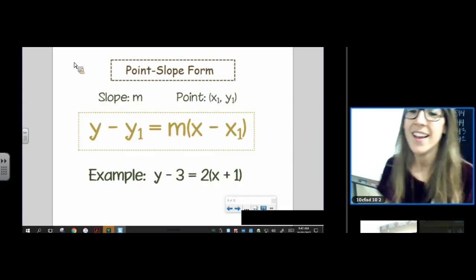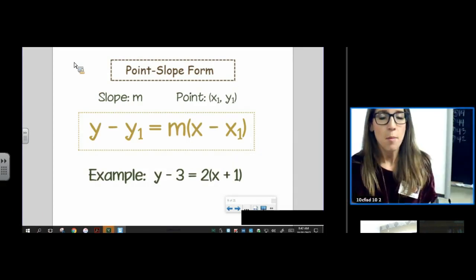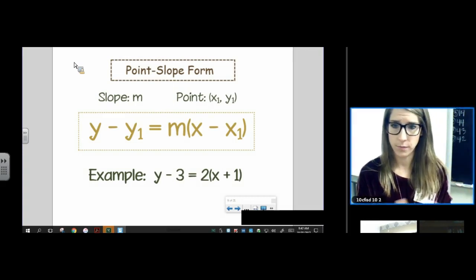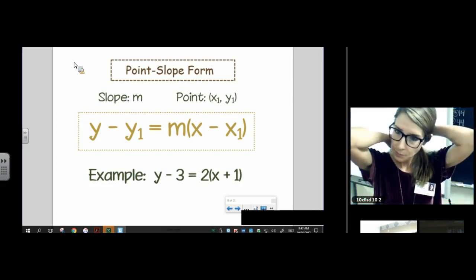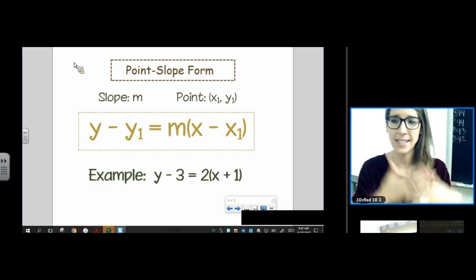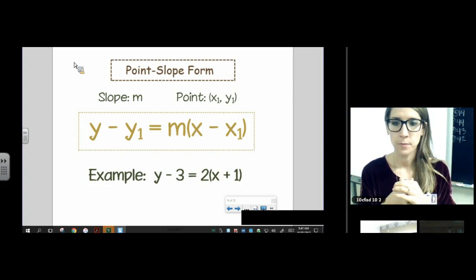Okay. All right, the last form, just put it in your notes so that you have it, but we're really not going to be working much with point-slope form unless you want to. This is what point-slope form looks like. You use it when I give you a point and I give you a slope and I say, write the equation of the line. You can use point-slope form.